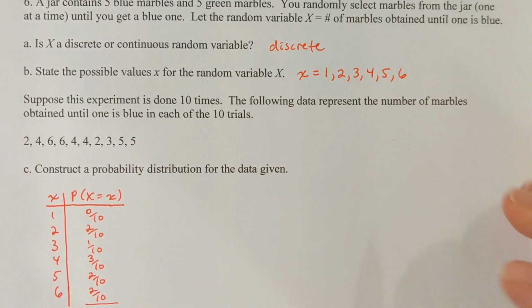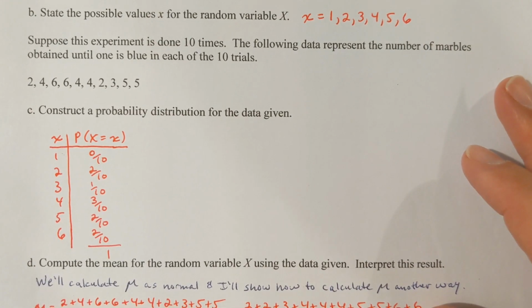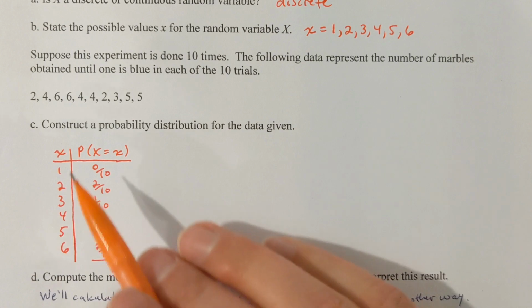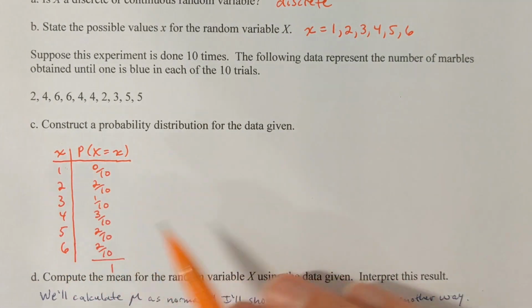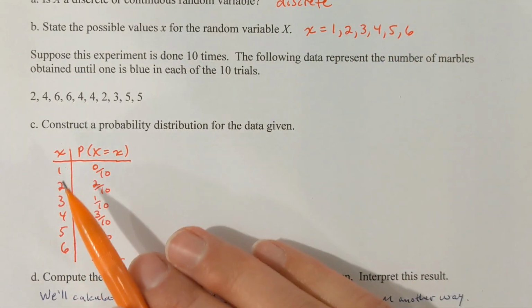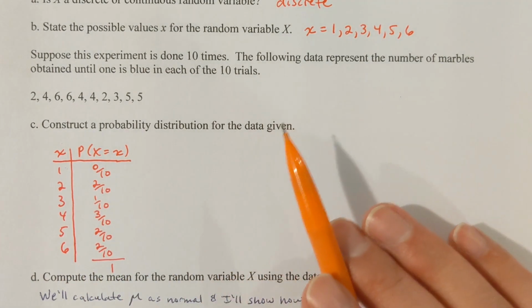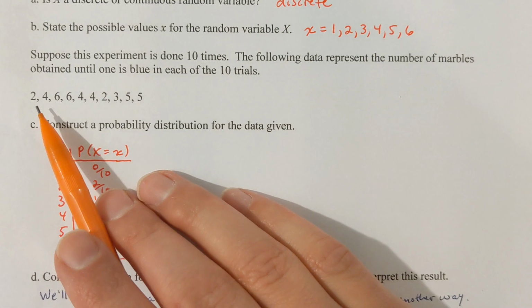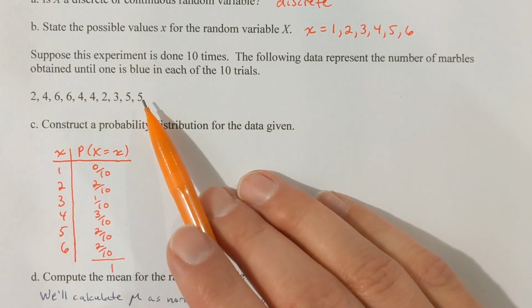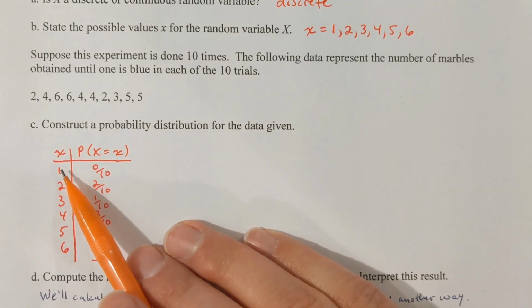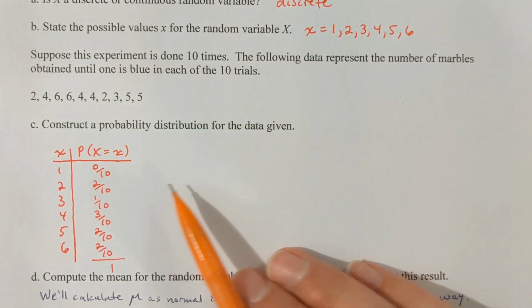Part C, construct a probability distribution for the given data. The values are going to go on one side, the probabilities on the other side. The values are the counting numbers 1 through 6, and I'm creating this table here. We did not see a blue marble come up on the very first try, so there's a 0% chance of x being 1 for the data that we have.